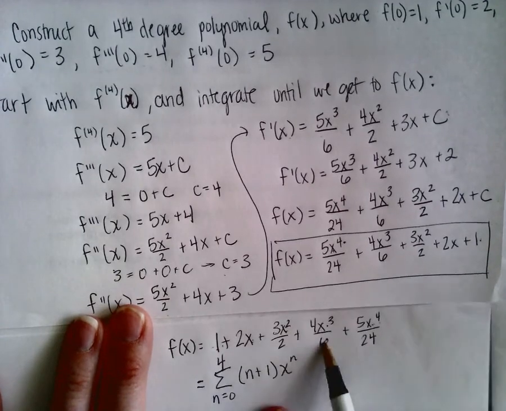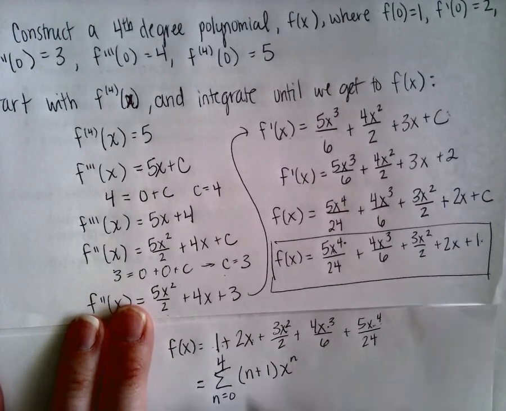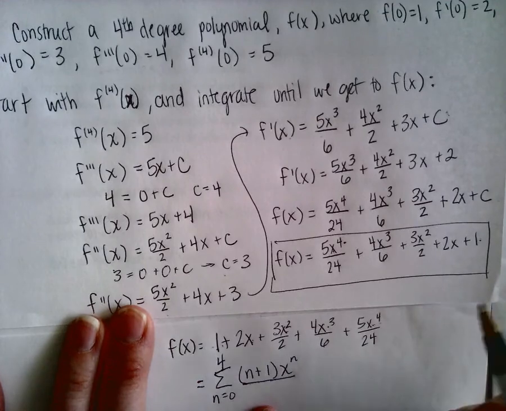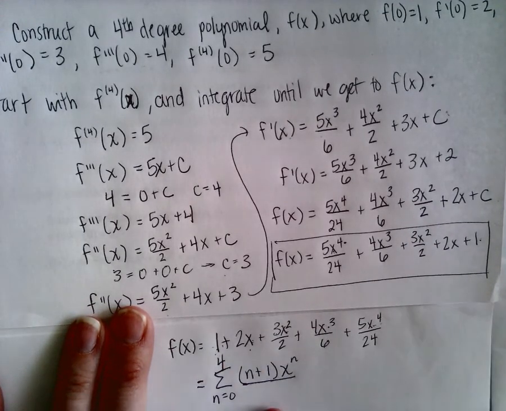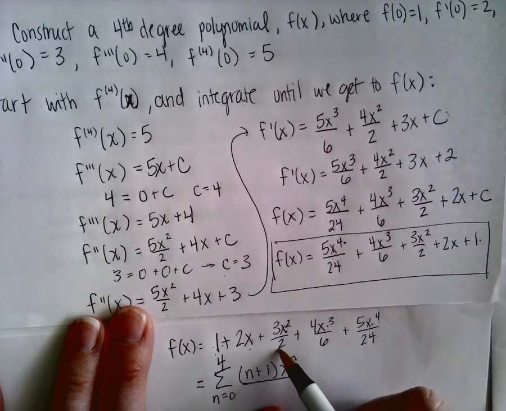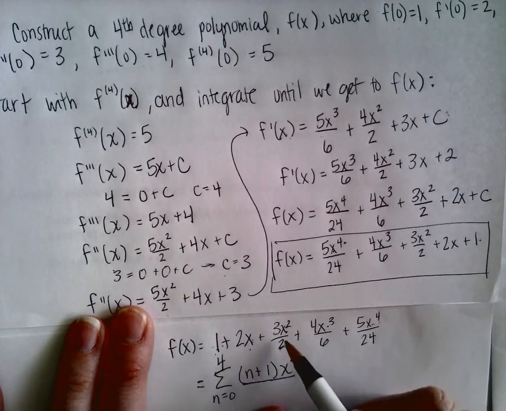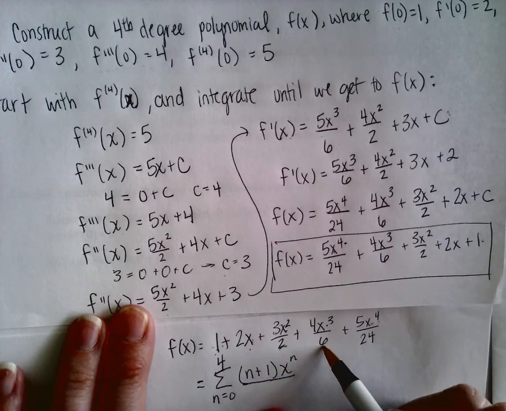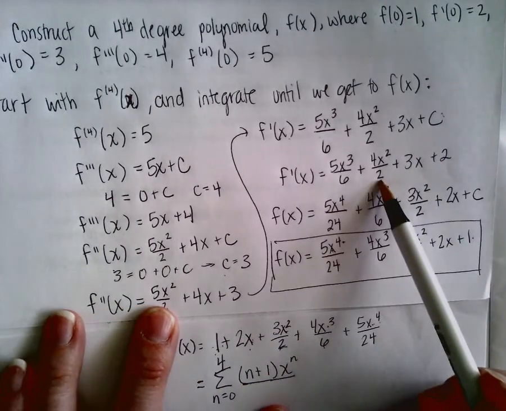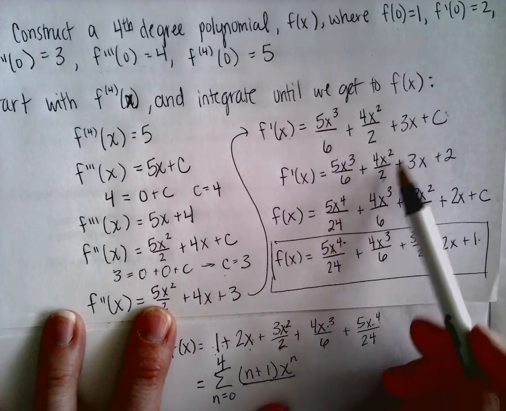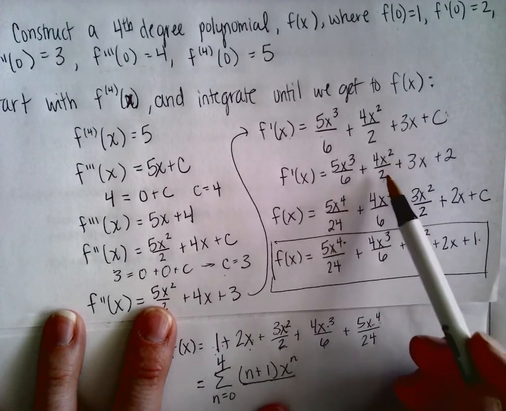denominators. I've got to figure out something to do for these denominators. Well, the first two don't have denominators, so they're both over 1. So let's ignore that for a minute. Then I have a 2, so 1, 1, 2. Then I have a 6. Let's think about how we got this 6. We got this 6 by doing 2 times 3, because when I integrated, I had to divide by 2, then I had to divide by 3.